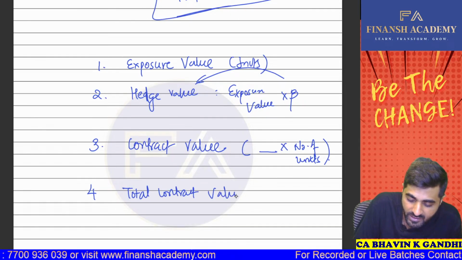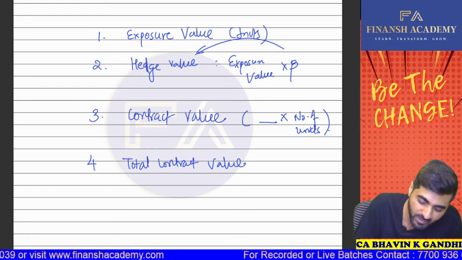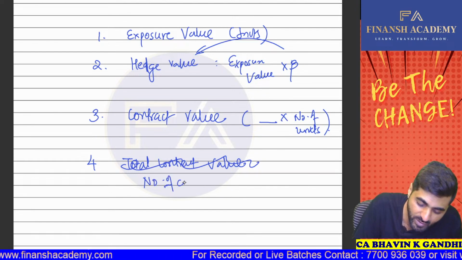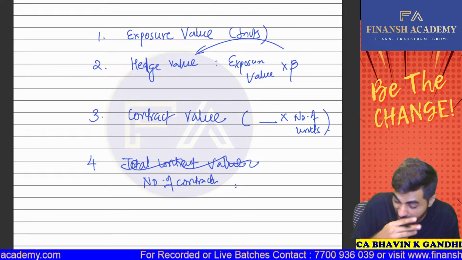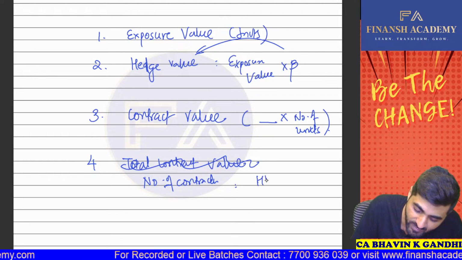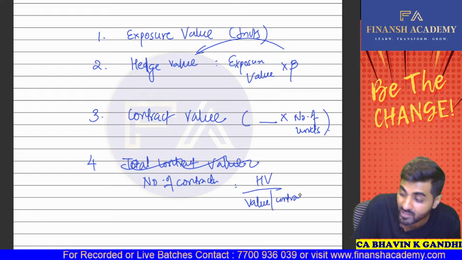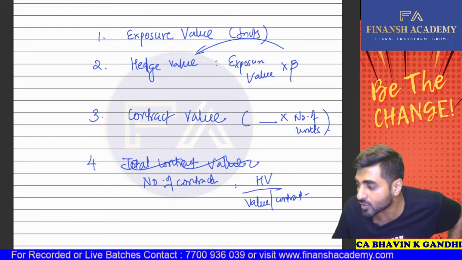So ultimately, we will come to know the number of contracts which we want to hedge. How do we get the number of contracts to be hedged? Whatever is the hedge value, divide that by the value per contract. So we'll finally get the number of contracts which we are going to select. So extremely easy for you to understand this.